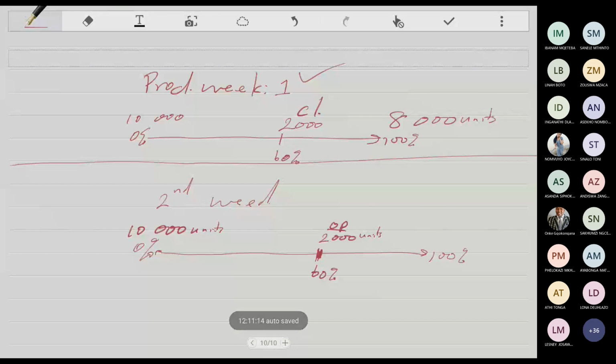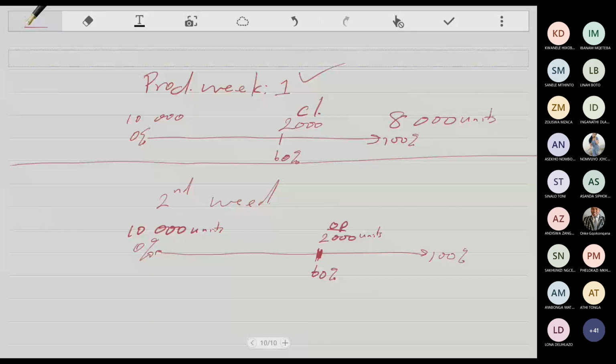Is there anyone who can try for us? Between this 10,000 units and 2,000 units, I think we will start with these units. Anyone who can try for us? I didn't hear well. You said which units?